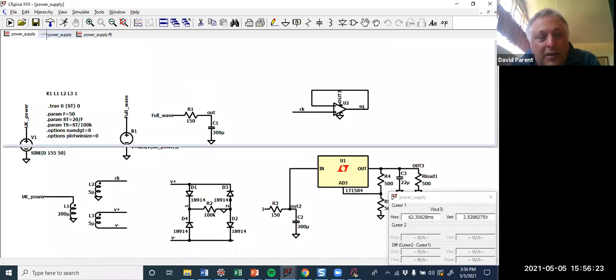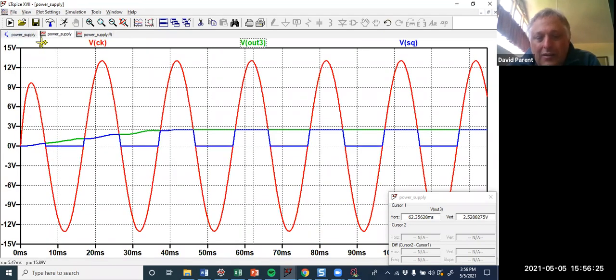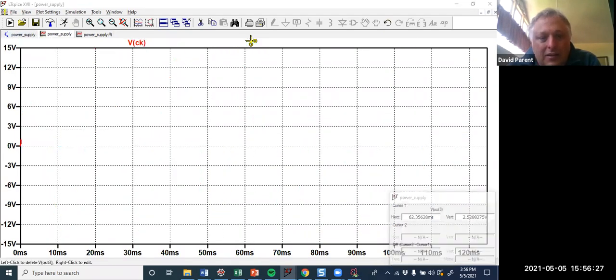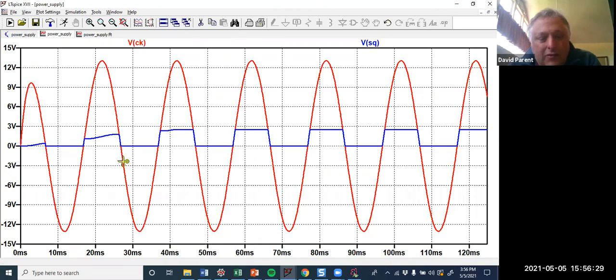And so there's my clock. It takes a while to get going, but there's a clock signal that can be used to drive whatever digital circuit you want.